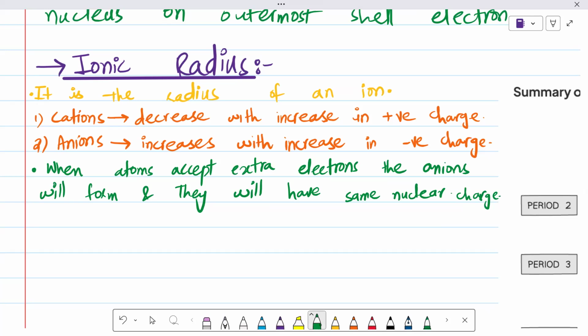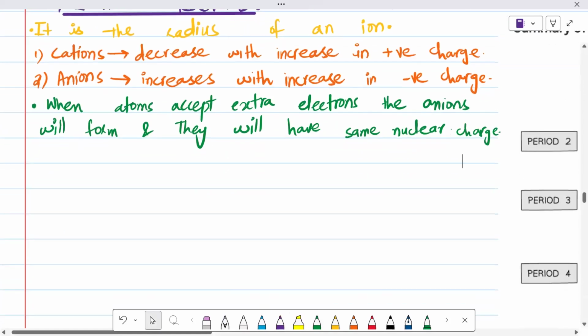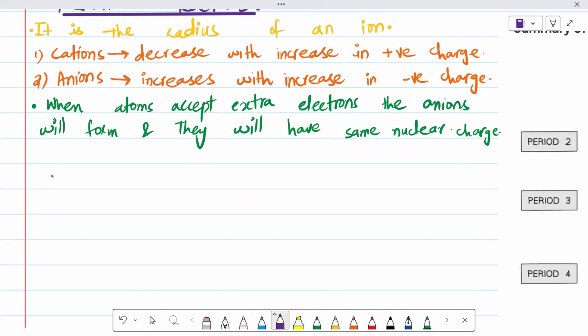For example, if we talk about the chloride ion, you have chlorine like this, and this was 17 and 35.5. This was neutral. And now it has accepted an electron, and it became an ion. Now what is the proton number of this?